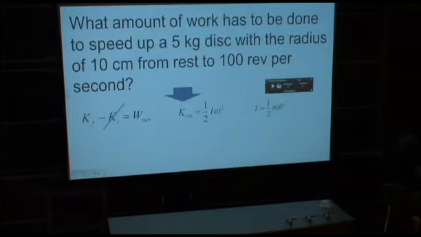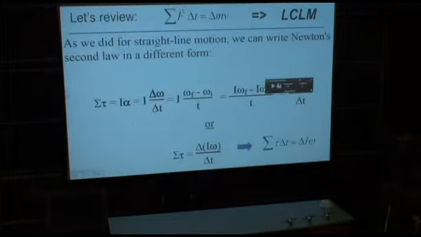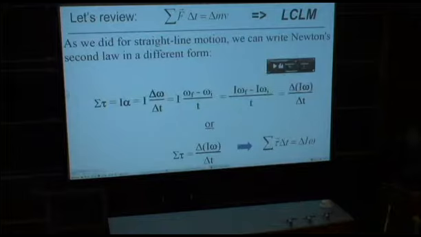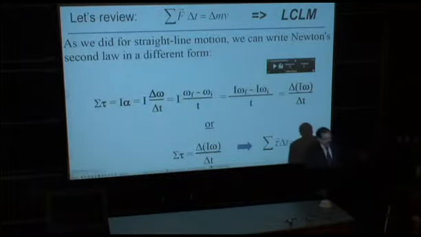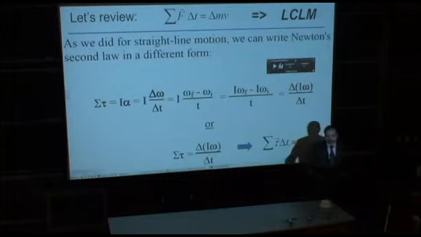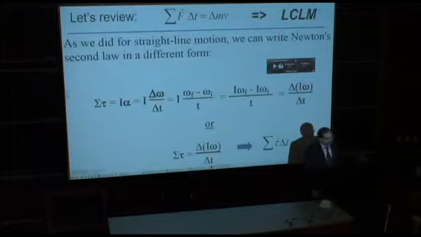So this is the same slide. Now, I want to talk about a different quantity. We use an analogy between linear motion and rotational motion. Linear motion has kinetic energy, rotational motion has kinetic energy. Work done during the linear motion, work done during the rotational motion.